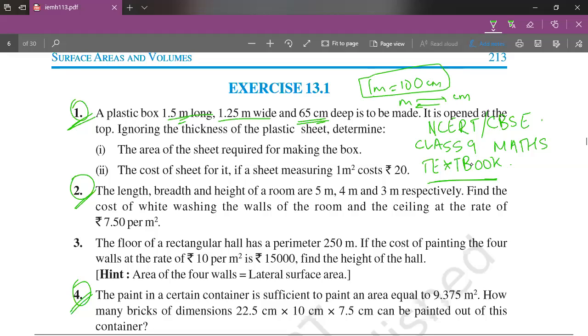According to my preference in this video, I'll convert centimeters into meters. So 1 meter is equal to 100 centimeters, therefore 65 centimeters will be equal to 65 divided by 100, which will be equal to 0.65 meters.